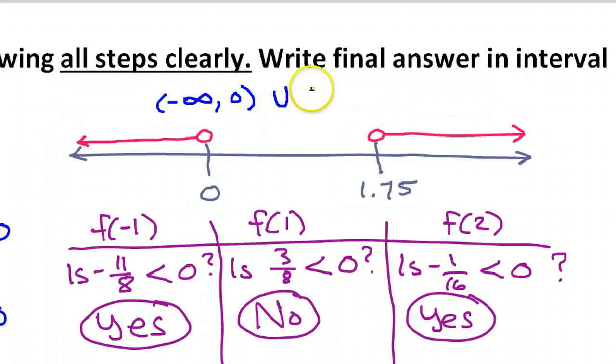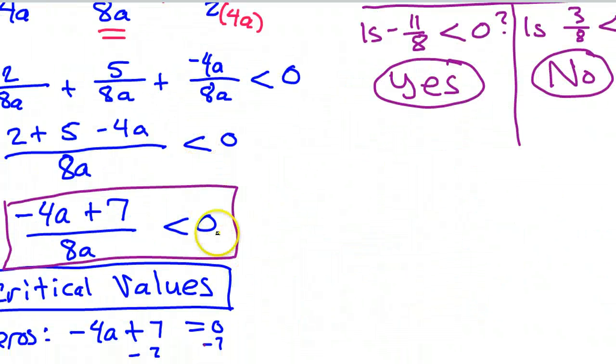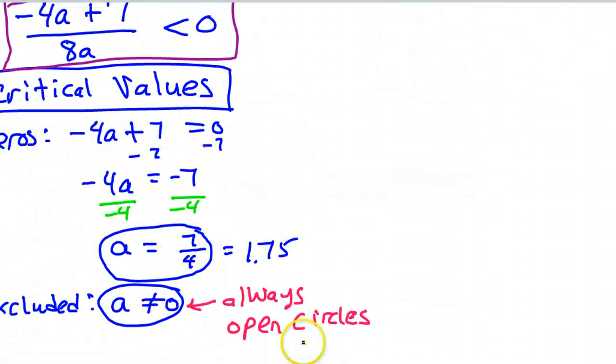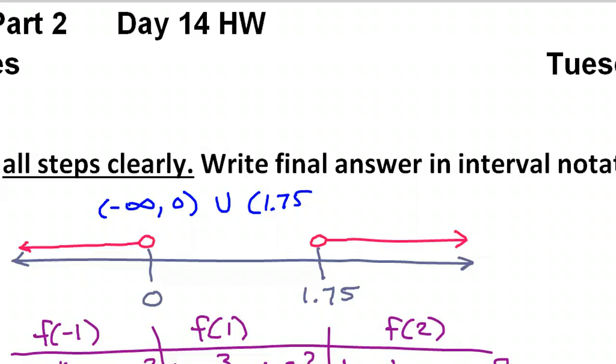And it picks up here at 1.75. Or indeed, I could have said 7 over 4, which is what I'm going to do instead. It was fine to use 1.75 because that was an exact value, but sometimes you have some decimal that's rounded, so it's safer to use the fraction.